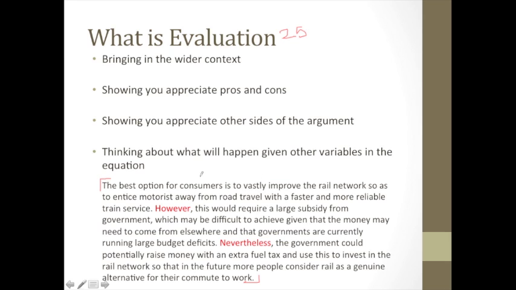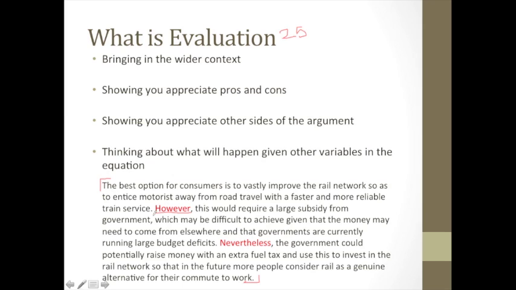The best option for consumers is to vastly improve the rail network so as to entice motorists away from road travel with a faster and more reliable train service. However, key term when evaluating. So this point that I'm making here is I've done a 25 mark essay, and now I'm evaluating one of the points that I put across in that essay, which is that improving the rail network was the best way to get motorists away from using the road.